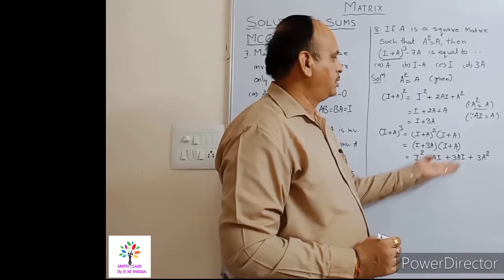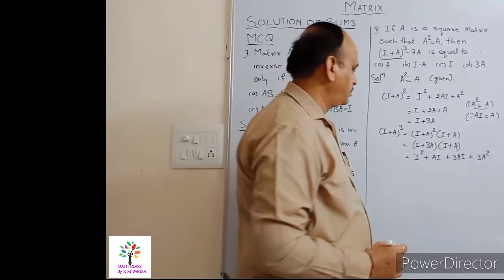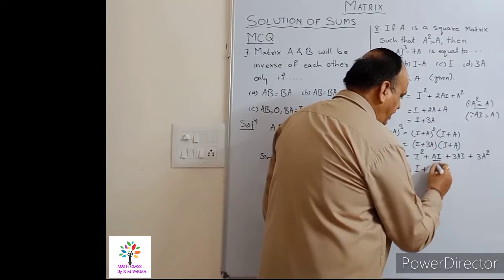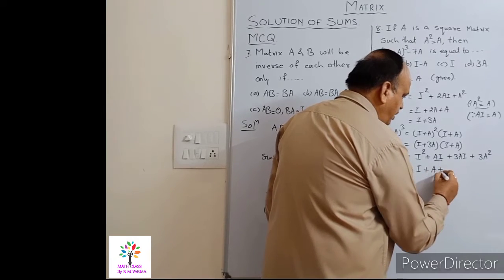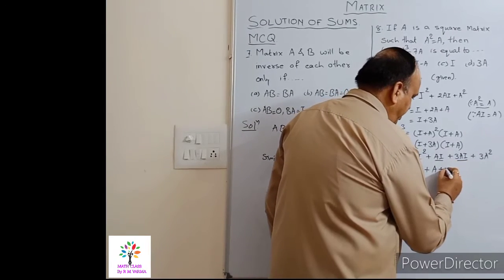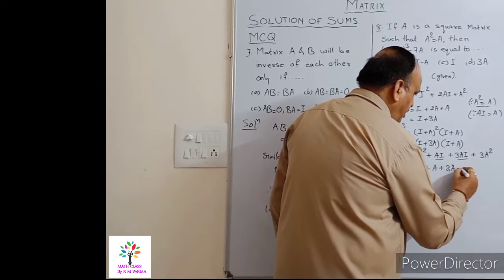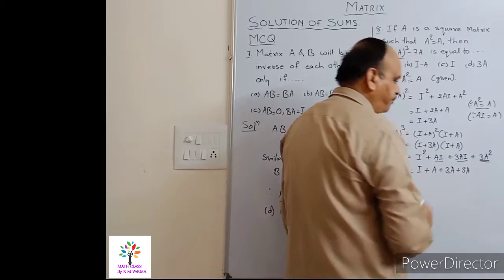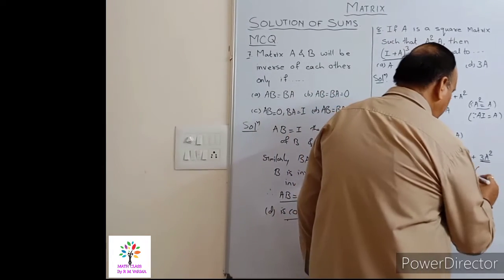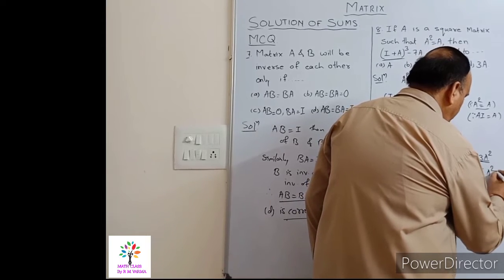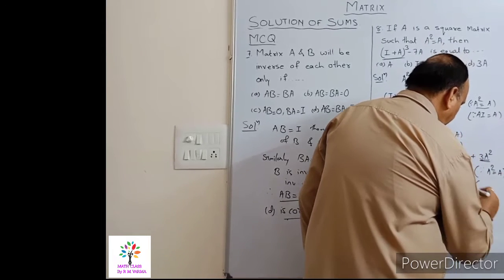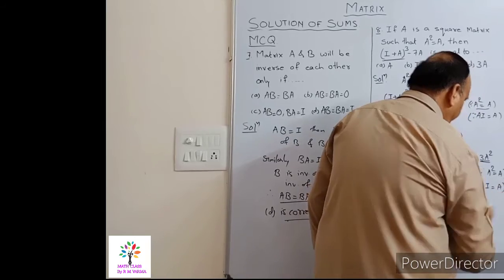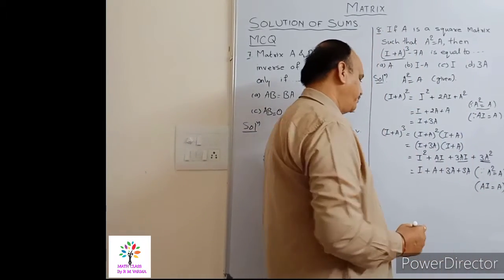Again, using these two given conditions, I square is I, plus AI can be written as A, plus 3AI will be written as 3A, plus 3A square becomes 3A, right? The reasons: A square equals A and AI equals A. So this is the reason why you can write this.